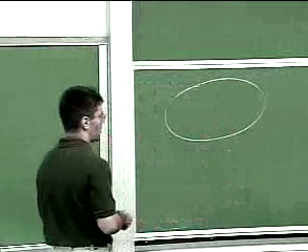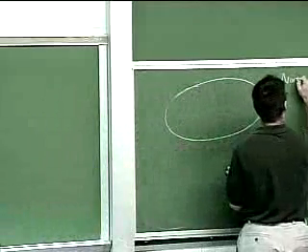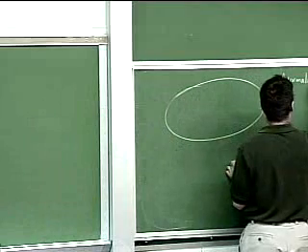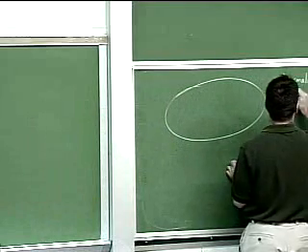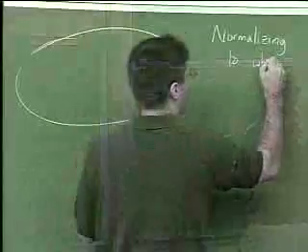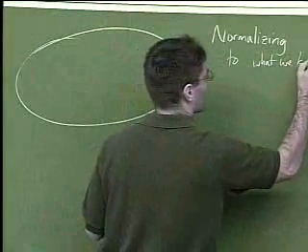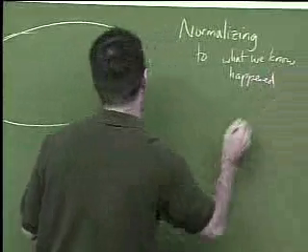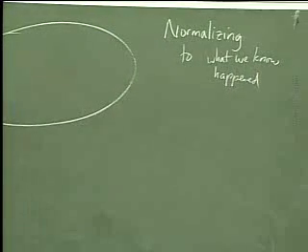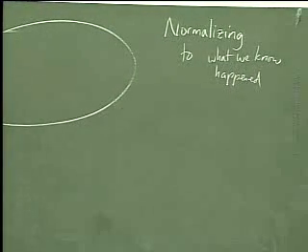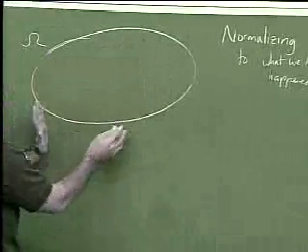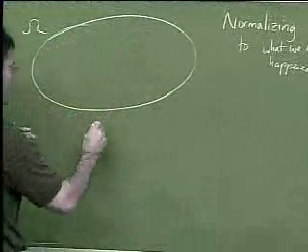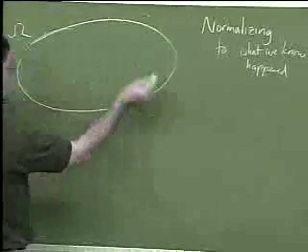So what are we doing when we're talking about conditional probability? We're normalizing to what we know happened. Here's our space of possible events, omega, and this space has probability 1, or size 1.